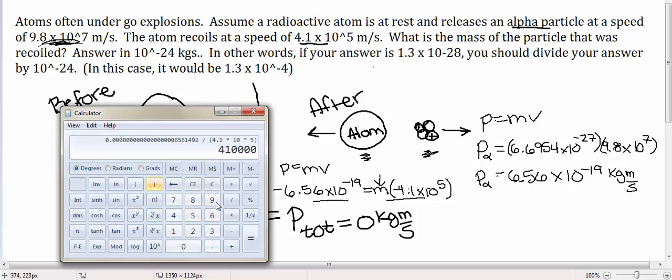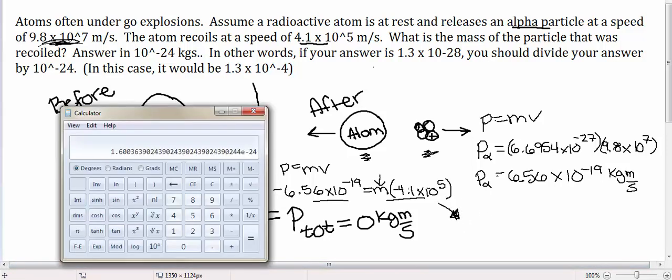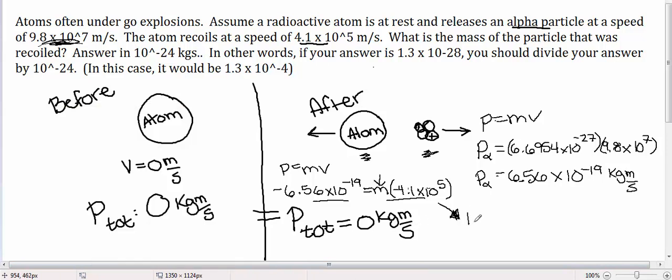Close my exponent, hit equal, and my answer for the mass of my atom is 1.6 times 10 to the negative 24th. Now remember, this is a mass, so it's in kilograms.